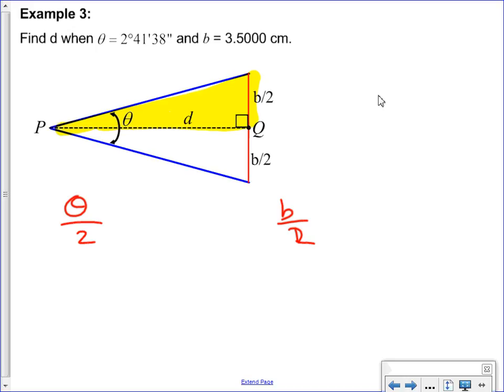Now, since theta is in degrees, minutes, and seconds, let's change it to decimals. The first one, divide by 60, and the second one, divide by 3,600. Do you remember how to do that?